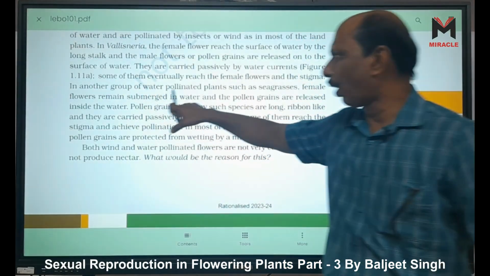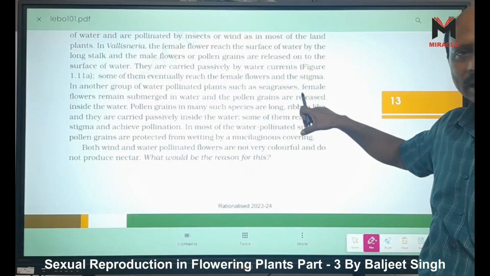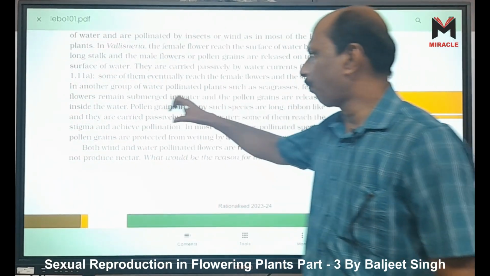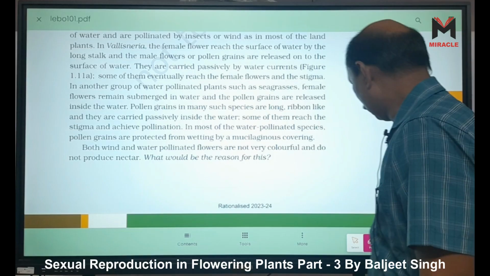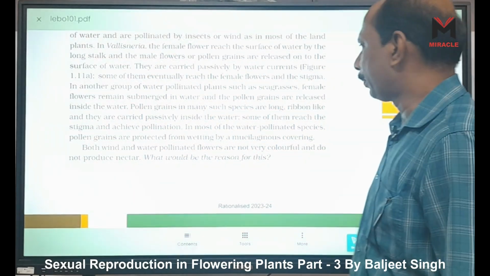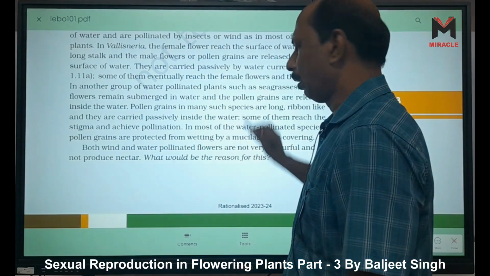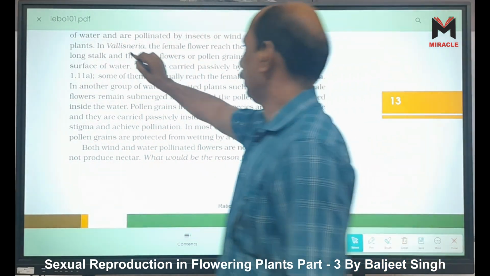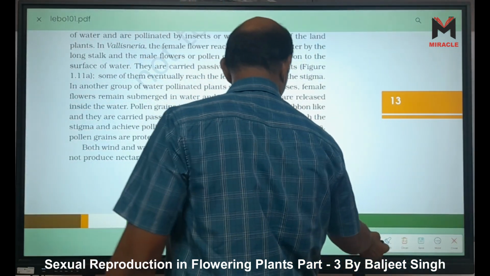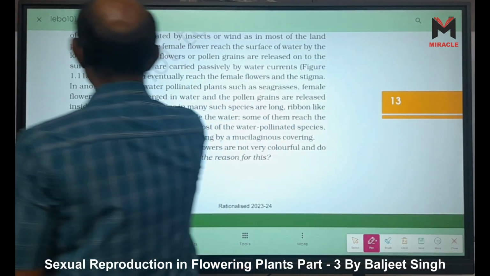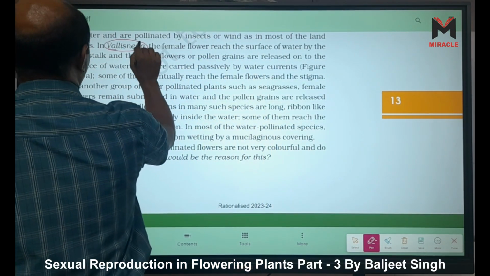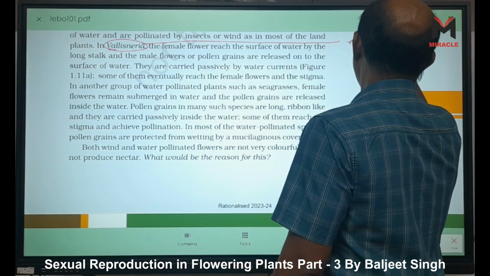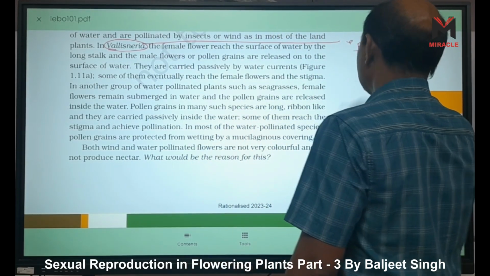In another group of water pollinated plants such as sea grasses, like Zostera, the female flower remains submerged. That is telling about hypohydrophily, right? In Vallisneria it is epihydrophily, on the surface.